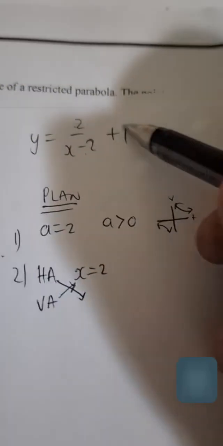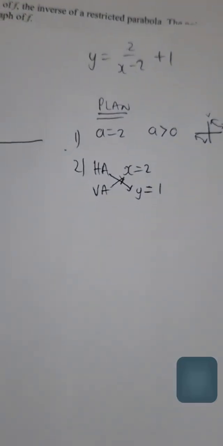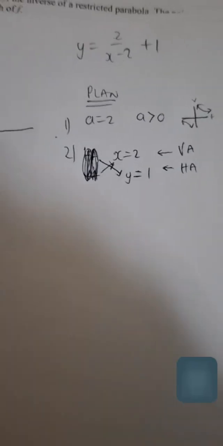Then our horizontal asymptote, the standalone constant term as it is, y is equal to 1. That is the equation of the horizontal asymptote. So let me just erase this because it might lead to confusion. This is the vertical asymptote, this is the horizontal asymptote, and those are the respective equations.